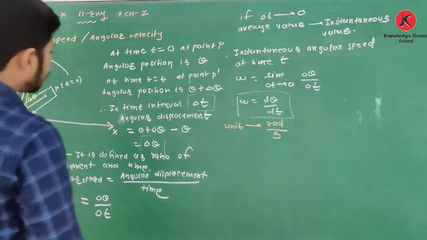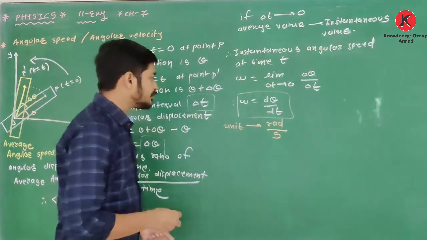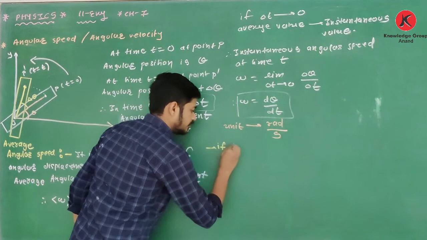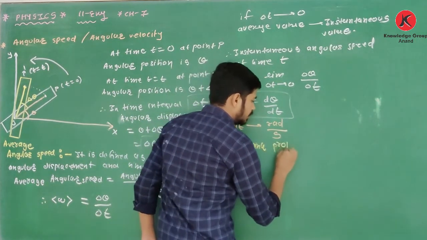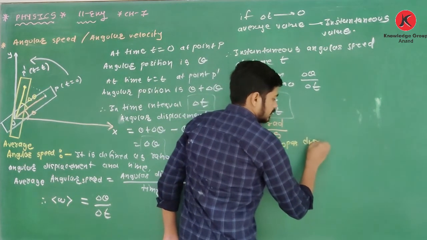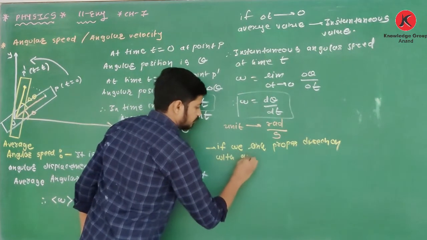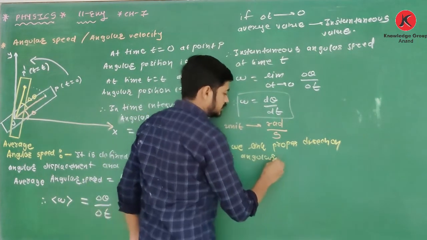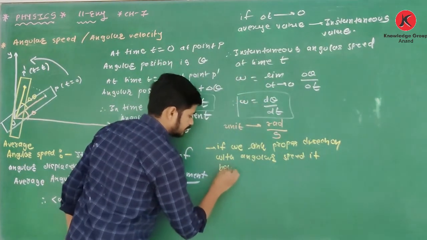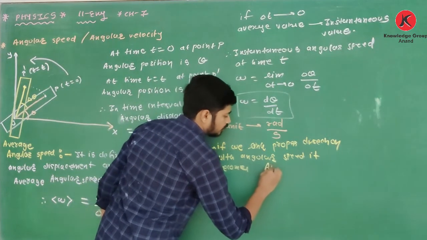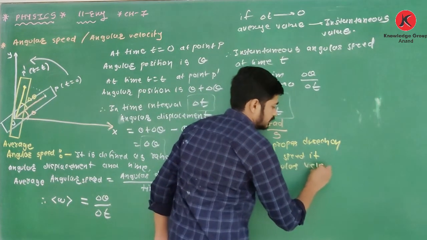Now, what about angular velocity? That was all about angular speed. If we link proper direction with angular speed, it becomes angular velocity. Clear about this?